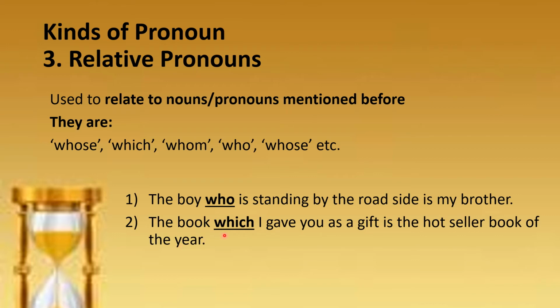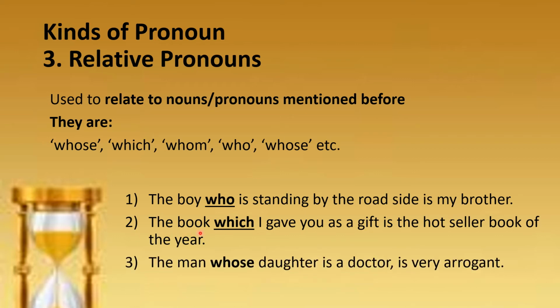In this sentence, which is a relative pronoun because it is used to relate to a noun which is mentioned before in the sentence, and that is the book. See the third example. The man whose daughter is a doctor is very arrogant. Whose here is a relative pronoun because it is used to relate to the noun that is mentioned before in the sentence, and that noun is man.